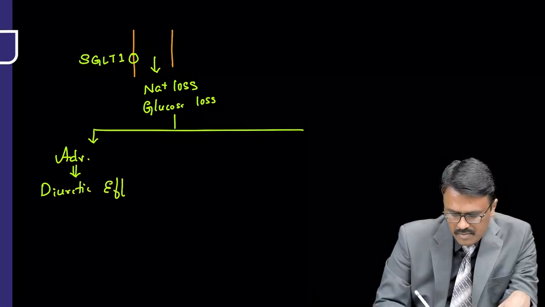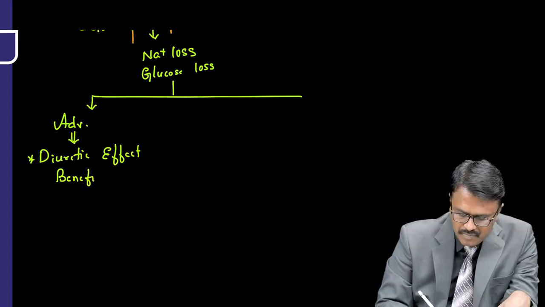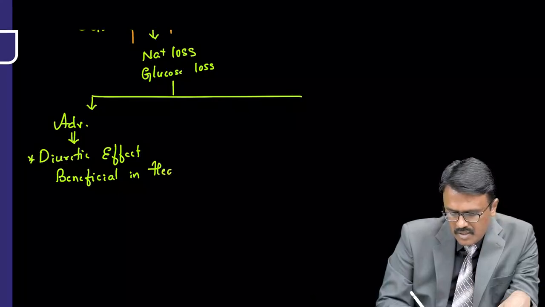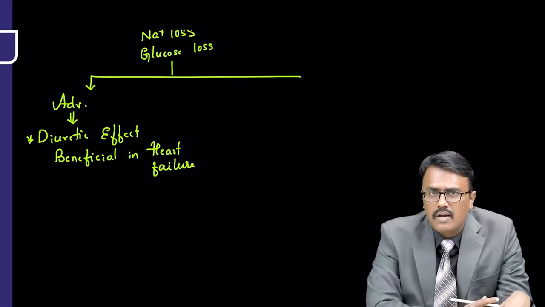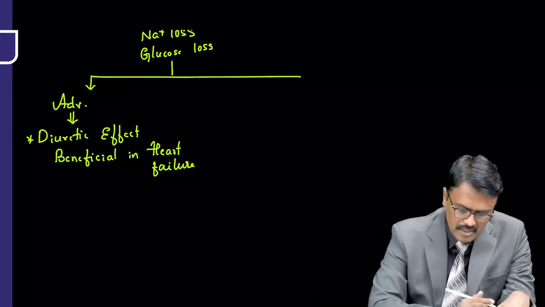So the drugs have diuretic effect, and that is the reason they have shown to be beneficial in heart failure patients. They have shown to reduce the cardiovascular mortality in CHF, and they are also shown to decrease hospitalization in patients with heart failure.